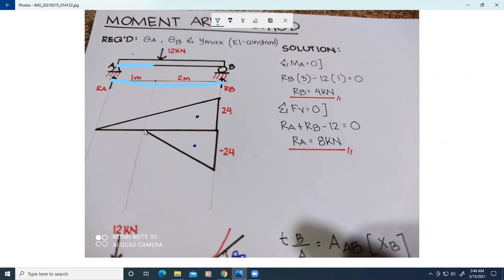And at the concentrated load, 12 kilonewtons times 2 meters, the distance to B, will give us negative 24 kilonewton meter because it's in the opposite direction. Note that 24 and negative 24 cancel out, so the moment at B is equal to 0 because it's a roller support, so our assumption is correct.